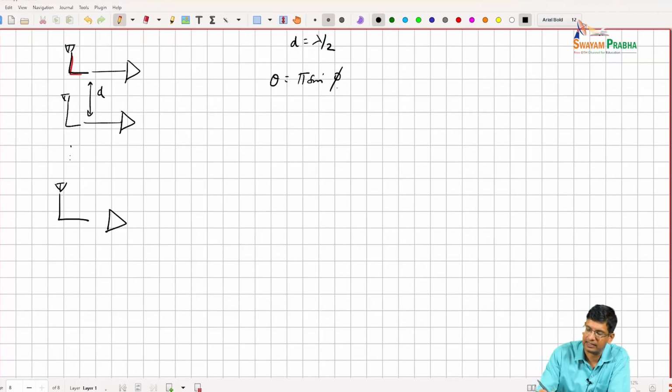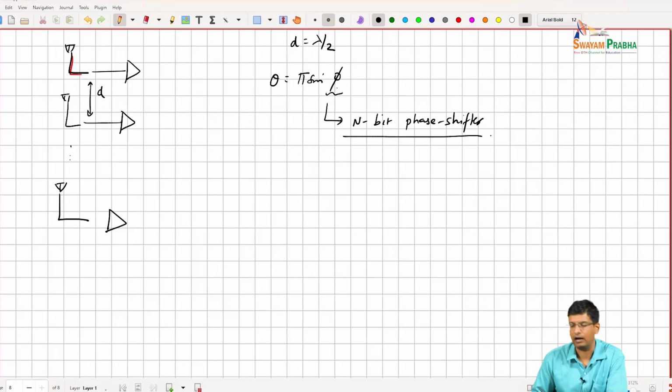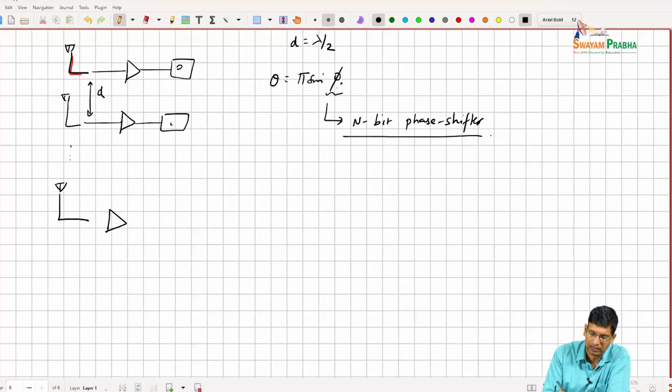So let's say now that this phi I implement with an n-bit phase shifter, right? So across the array then, for a given phi naught, I basically need to implement, let's say, 0, theta, and so on and so forth, up to n minus 1 theta, right?